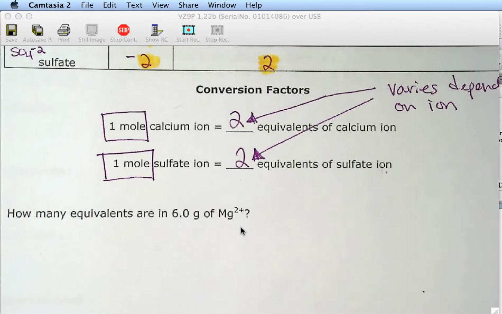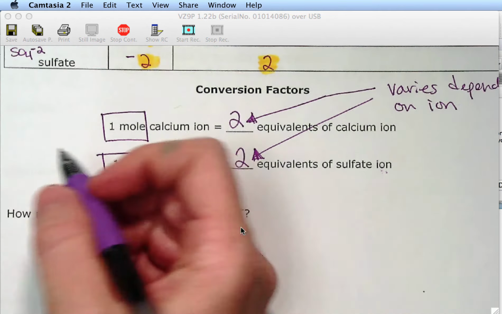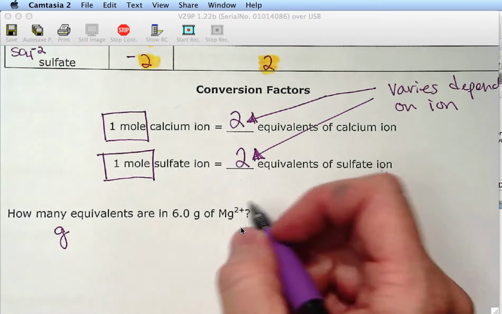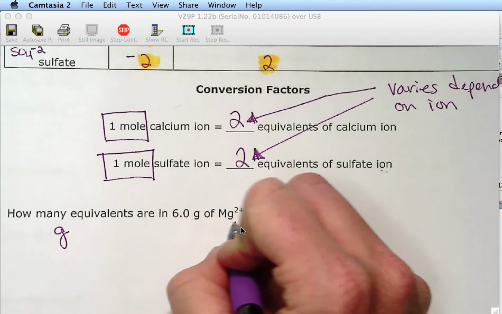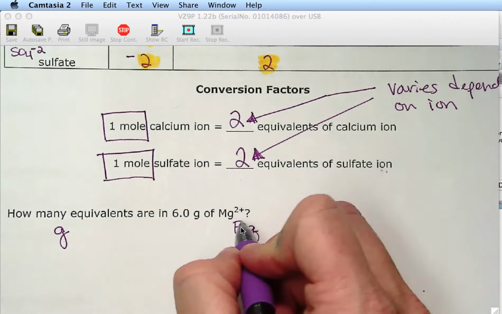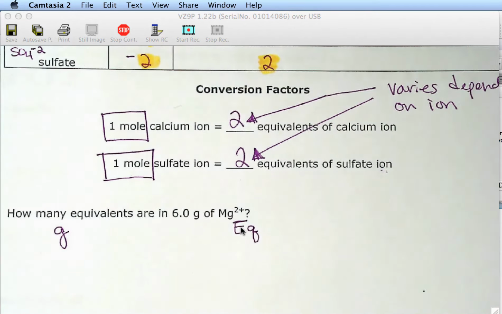Okay, so I'm starting off in grams, and I want to get to equivalents. The abbreviation for equivalents is capital E, lowercase q. Is there a conversion factor that we talked about that goes directly from grams to equivalents?